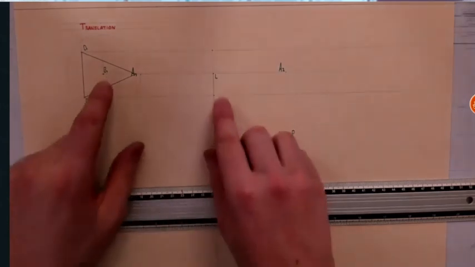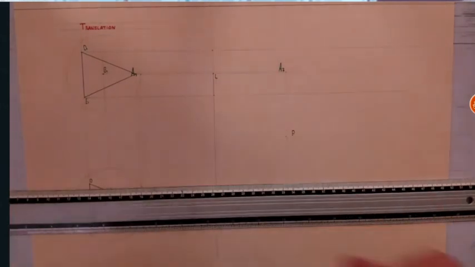And what we're going to do is flip these points across the axis and out the other side. And we're going to do that with our compass.